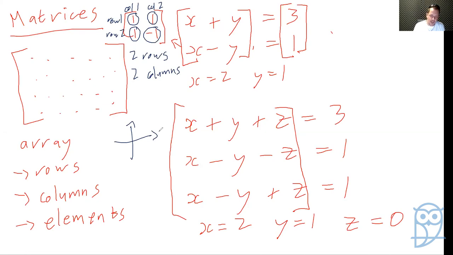We have an X and a Y, horizontal and vertical. If you want to specify a point, you give the X value and the Y value. Therefore, to specify a value here, we're going to specify the row that it's in and then the column that it's in.